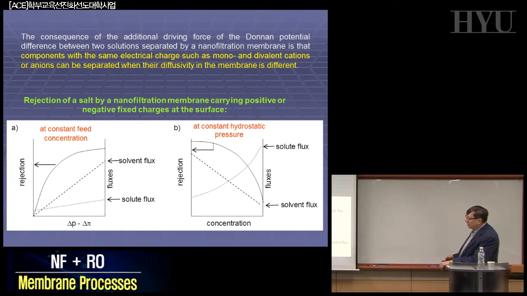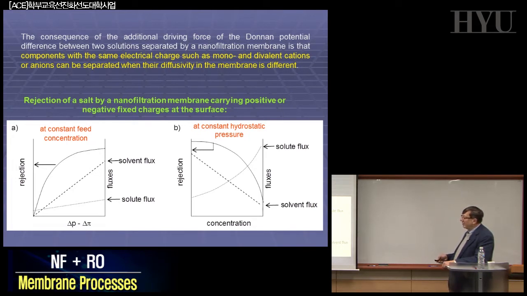In terms of concentration, if you are increasing the concentration, the selectivity has just a different effect. Increasing the concentration, you are reducing the driving force because you are increasing delta pi, and that means delta P minus delta pi is becoming lower. So just the effect is negative compared to this one. So what is happening when you are increasing concentration is that the solvent flux is decreasing just because you are decreasing the driving force.